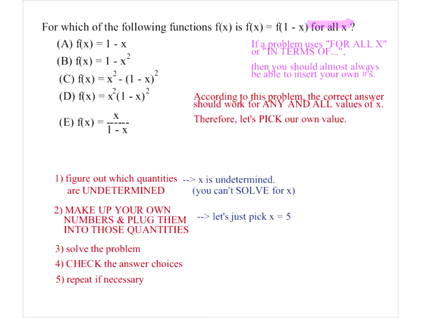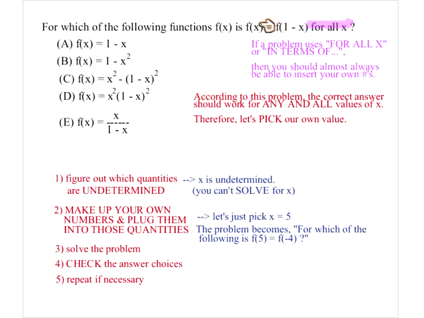So now notice the problem becomes: for which of the following functions is f of 5 equal to f of -4? Because if x is 5, that's what this winds up saying.